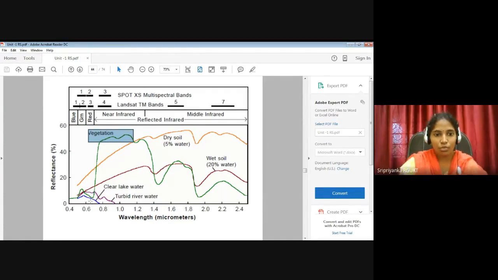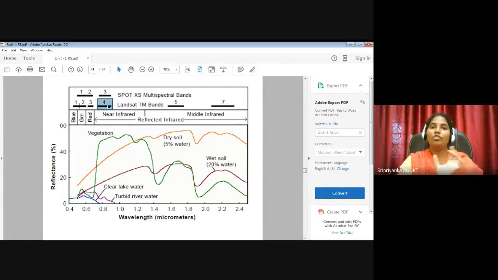So now if someone wants to differentiate between clear water and vegetation, clearly you can see in this part there is a drop by clear water and there is a peak by your vegetation. So clearly, if I pick the information of my fourth band, number 4 you can refer here. This is the Landsat Thematic Mapper bands, which has a fourth band. Fourth band is nothing but the fourth range of wavelength. So the fourth band has some wavelength ranges.